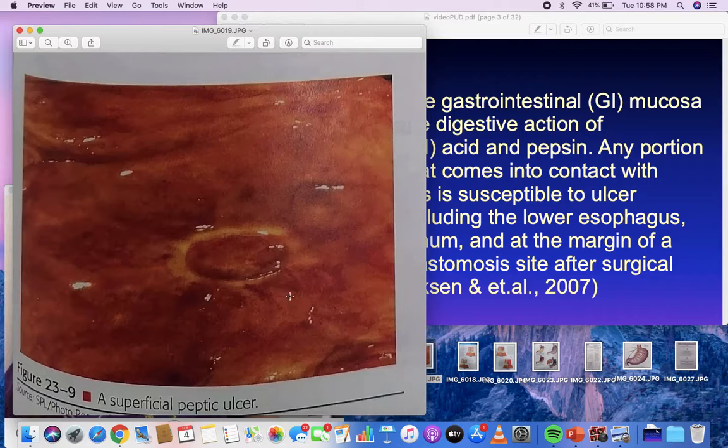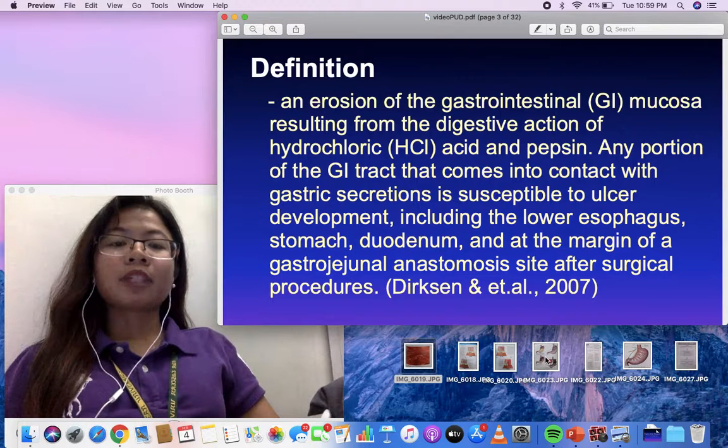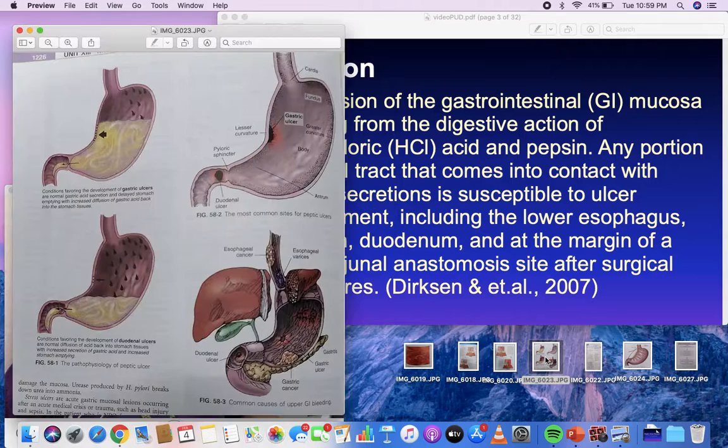So here, as you can see, it's a superficial peptic ulcer. And for the definition of terms, as I said a while ago, here are the common sites of peptic ulcer.